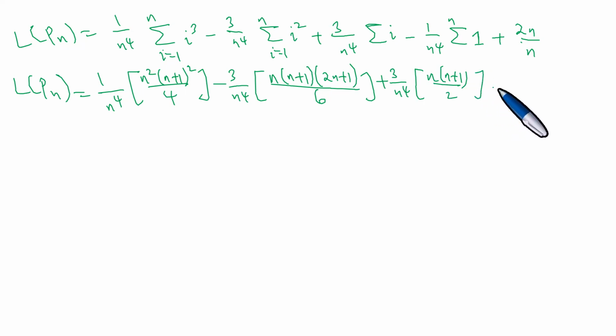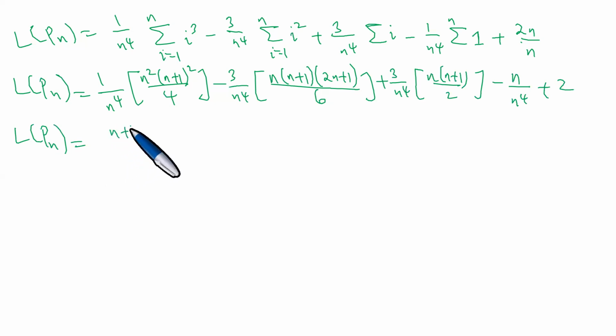All right. This one is n over n to the fourth power, n plus 1 squared over 4n squared, minus 2n cubed. Three goes into 6 two times.